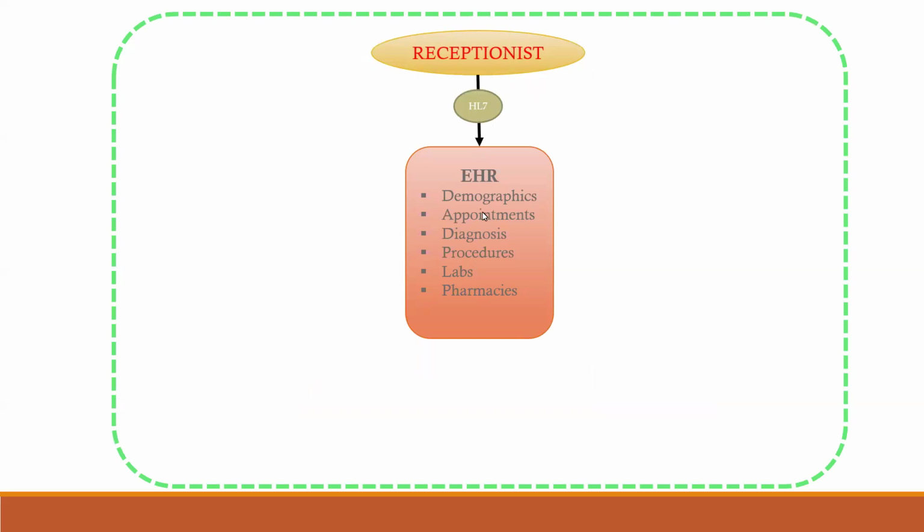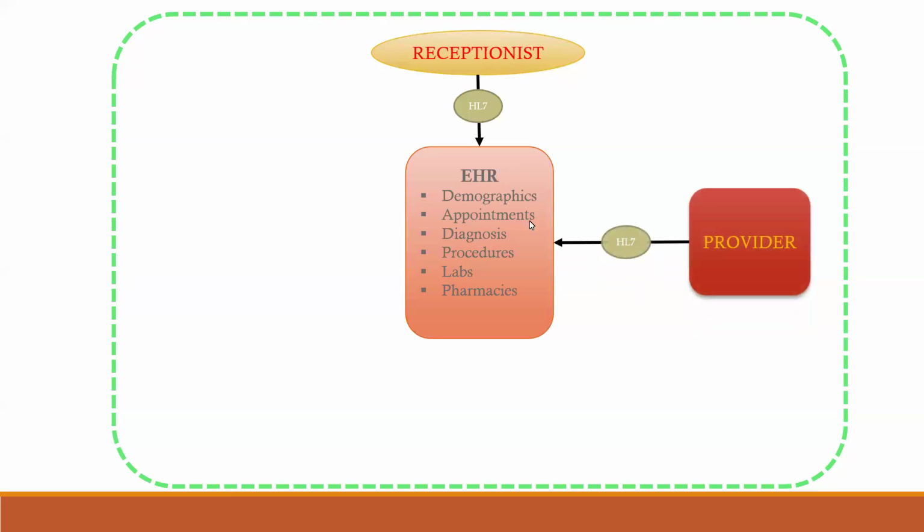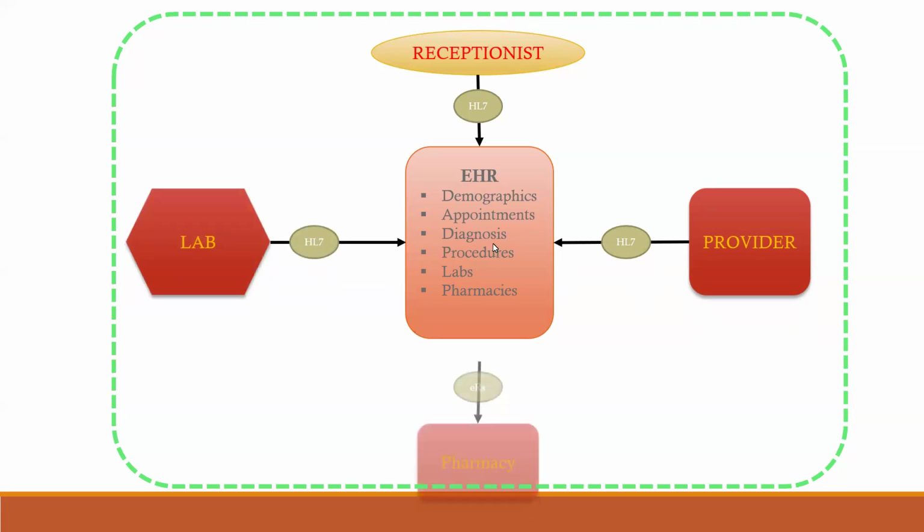So we receive data from the PM, which is used by the receptionist. You receive data from doctors. Doctors might be adding data to the EHR system. And then you have labs, which are transacting orders and results. And then you have e-prescriptions as well, which can transact through HL7 and also through ERX.